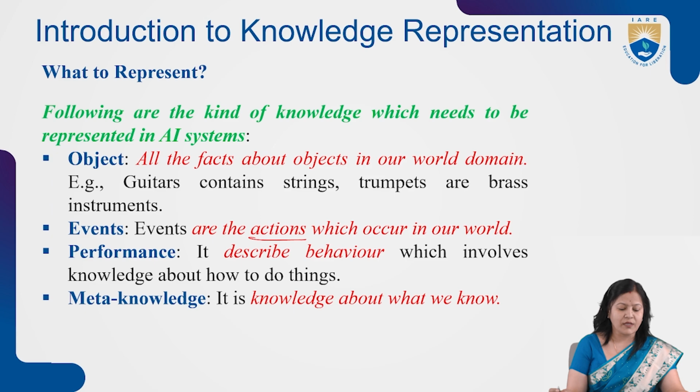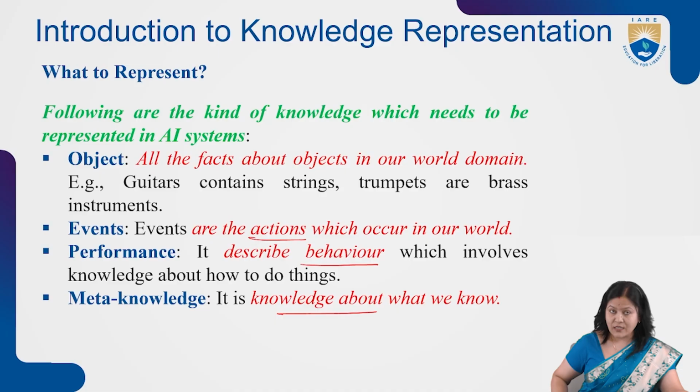That should be represented, as well as the performance. Performance is nothing but the behavior. It describes the behavior, which involves the knowledge about how to do things, as well as meta knowledge. Meta knowledge means the knowledge about knowledge. It is the knowledge about what we know, so we want to explore our existing knowledge. That is called meta knowledge.